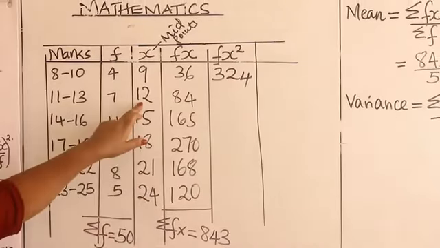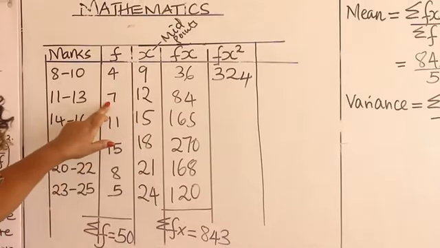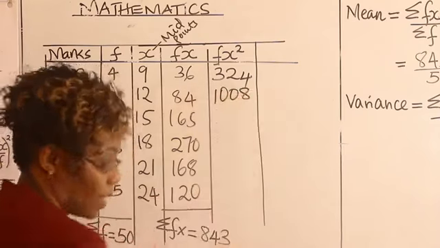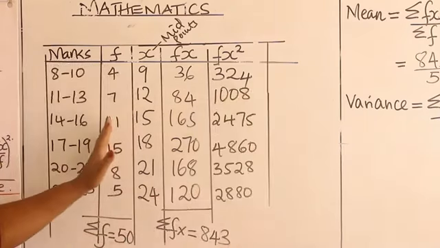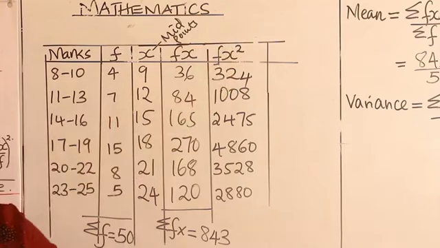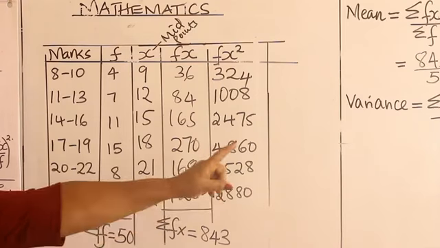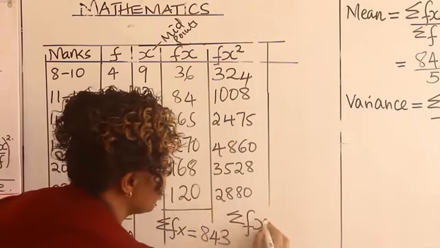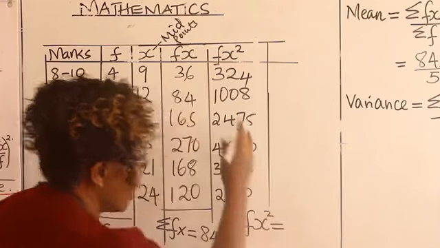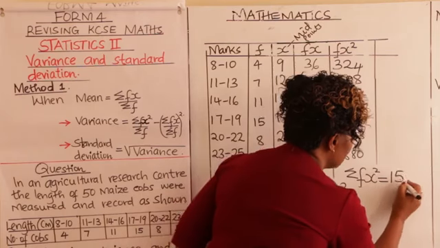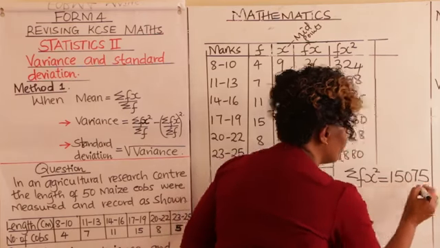You square this x, multiply by 7, you should get 1008. So you square the x, you multiply by f, you get your fx squared column. After that, learner, we need the sum. So we see what is the sum of the fx squared. You add all that with the calculator, you should get 15,075.